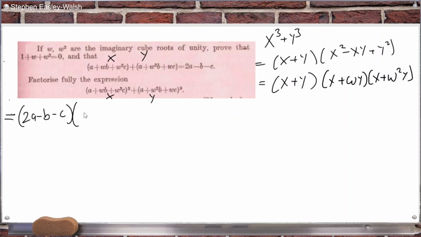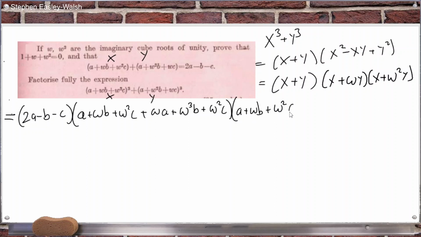The x plus omega y would be a plus omega b plus omega squared c plus omega a plus omega cubed b plus omega squared c, and then x plus omega squared y, so that would be a plus omega b plus omega squared c plus omega squared a plus omega 4 b plus omega cubed c.